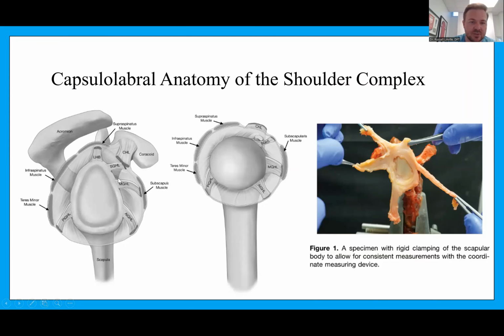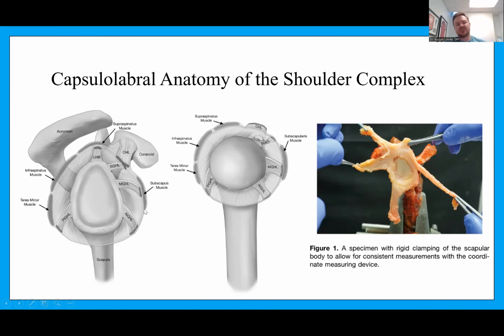The capsule also is incorporated with ligaments. So you have your superior glenohumeral ligament, middle glenohumeral ligament, antero-inferior glenohumeral ligament, and your posterior-inferior glenohumeral ligament. If we look at these, you can see they look like finger projections off of the labrum. And you also have your long head of the biceps tendon.